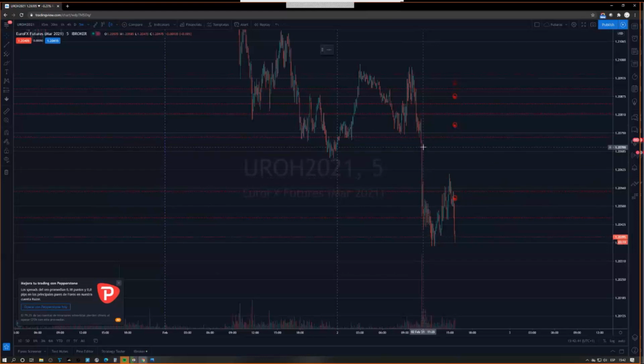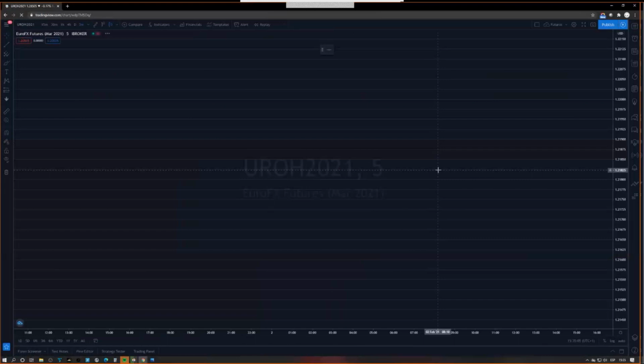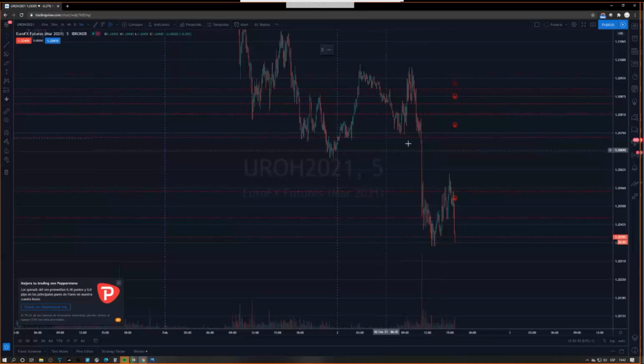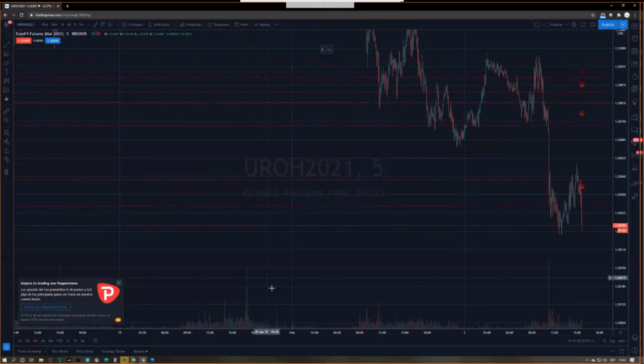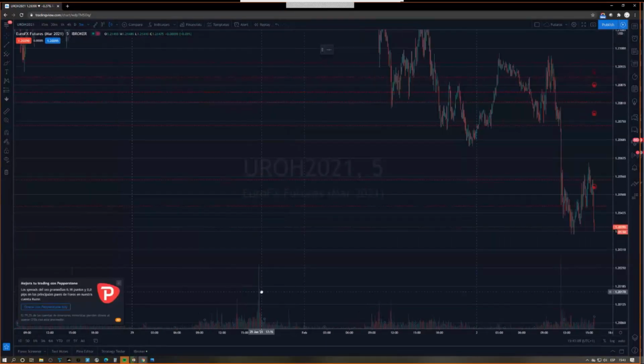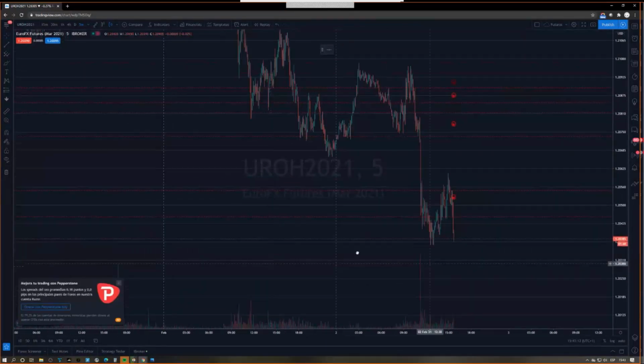That's all you know, but you have no idea at which price the trader that initiated this movement started. So it's pretty much useless using this vertical volume, because you only see where there was a big volume at what time, but you don't know at which price.